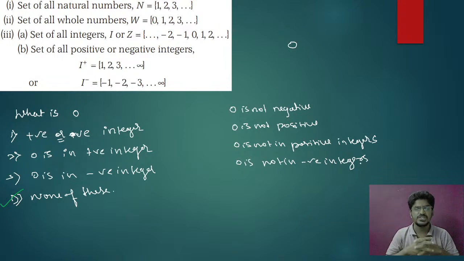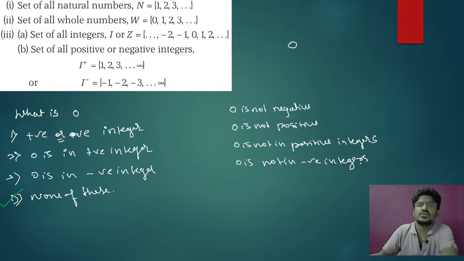It doesn't come in the positive integer set, it doesn't come in positive real numbers, it doesn't come in positive rationals. So whenever we say positive or negative, 0 is not included. Please understand this.